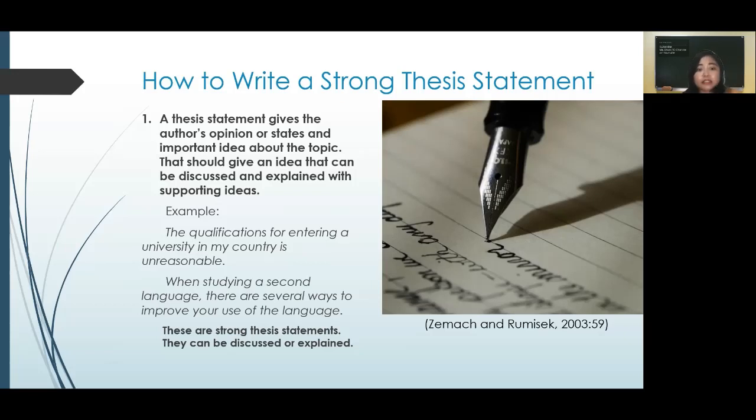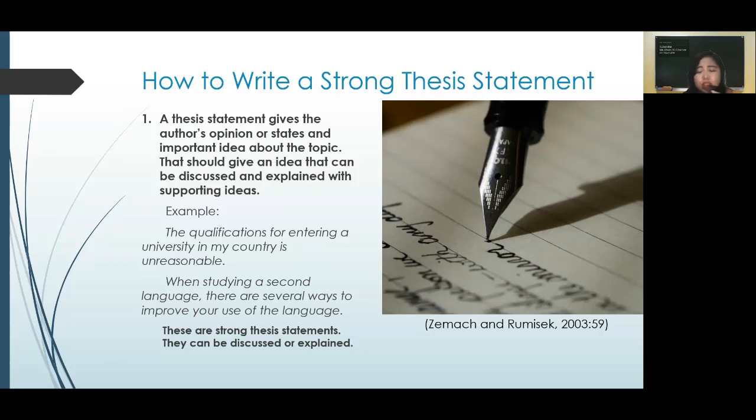Okay, this is the example. For example, I have two. The first one: the qualification for entering a university in my country is unreasonable. Here the opinion of the author is that it is unreasonable.